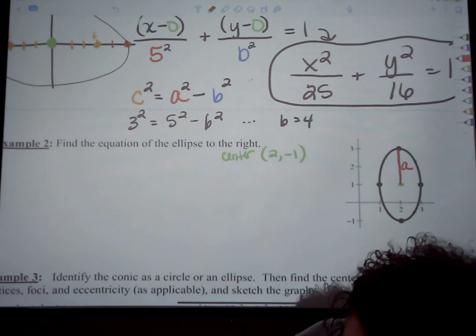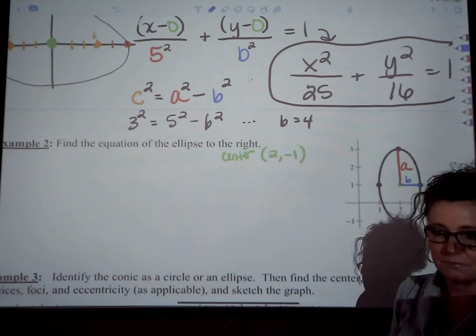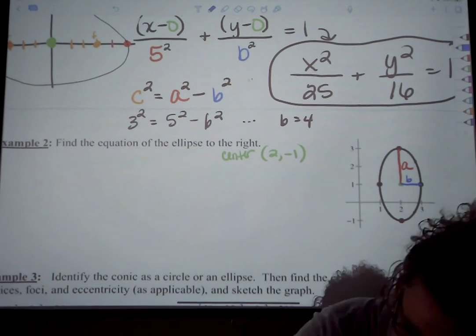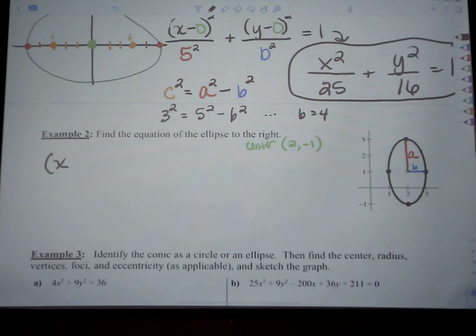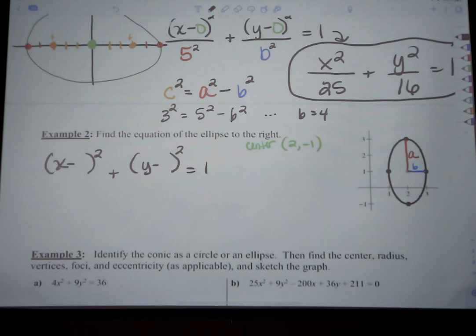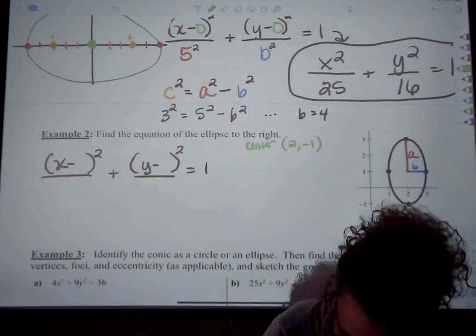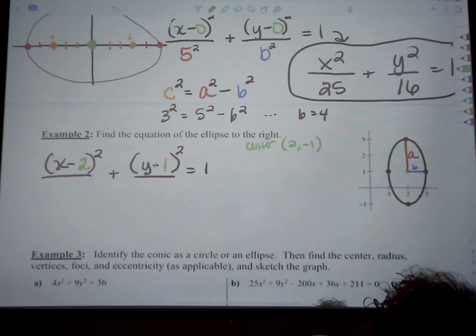So that's A, which means this is B. Okay, let's start our equation. The center is at 2, -1, so that needs to be a 2. That needs to be a -1.